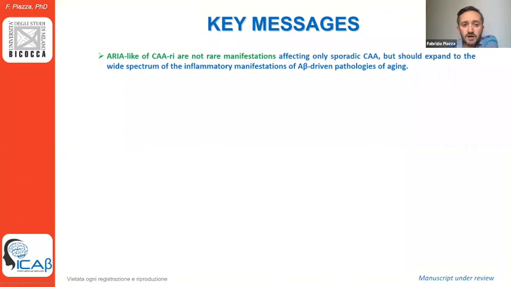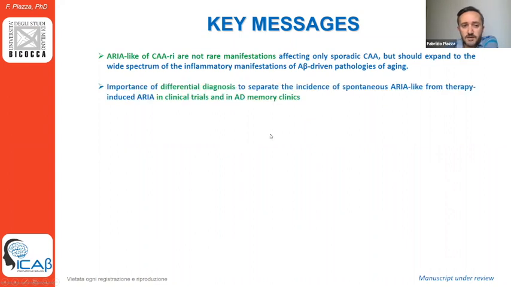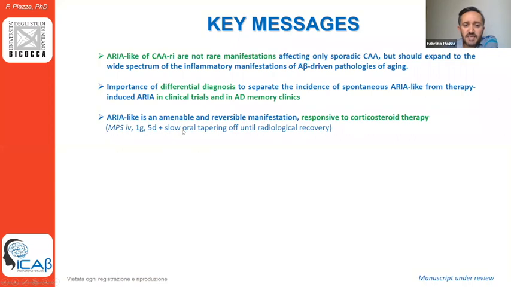Key messages are that ARIA-like events in CAA are not so rare a manifestation affecting only sporadic CAA, but we should expand the notion to the wide spectrum of the inflammatory manifestations of all amyloid-driven pathologies of aging. Differential diagnosis will be very important in the future to try to separate the incidence of these spontaneous ARIA-like events from the therapeutic ones, and ARIA-like is also amenable and reversible.